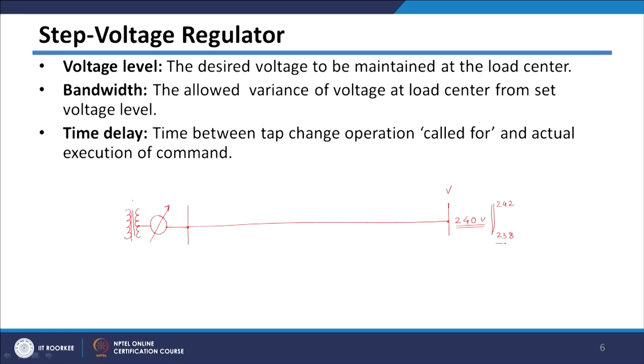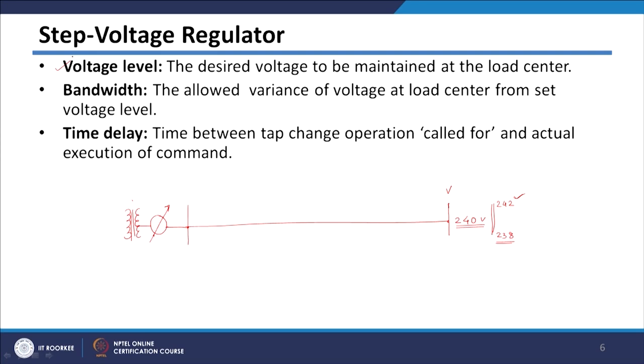So, lower I can go up to 238 and higher I can go up to 242. Whenever the voltage goes beyond that, I need to regulate using this particular regulator. To do that, they use what is called a line drop compensator circuit.